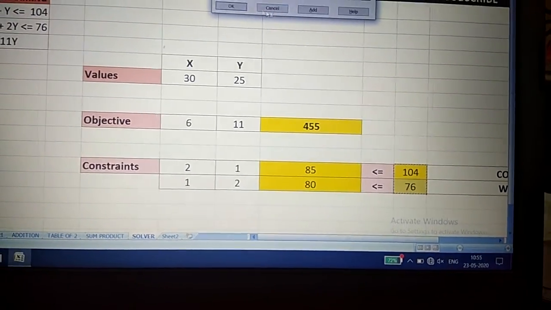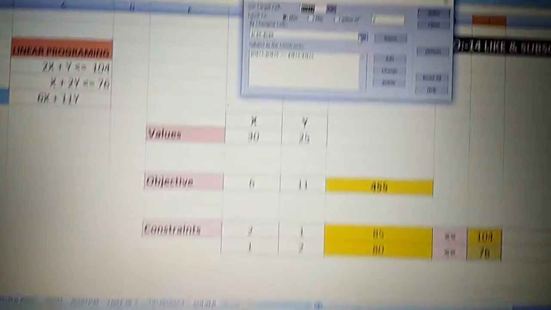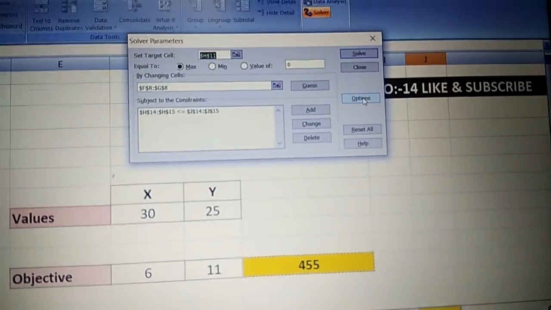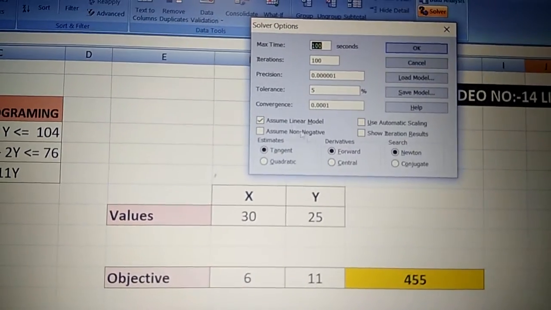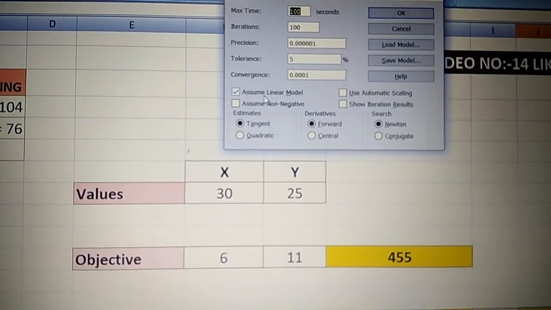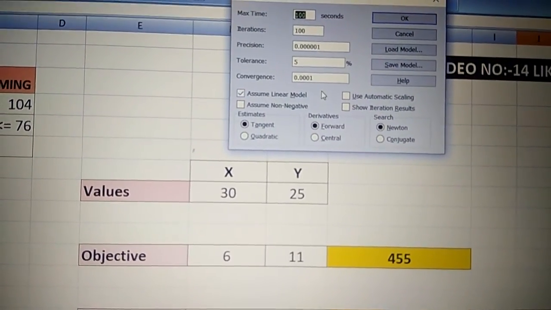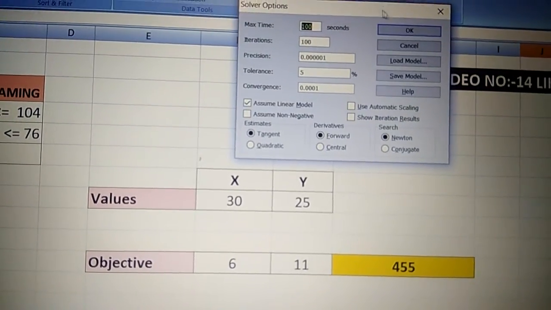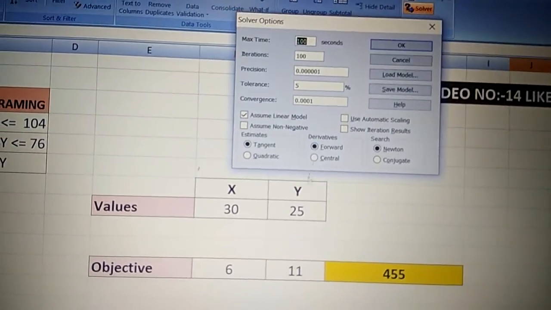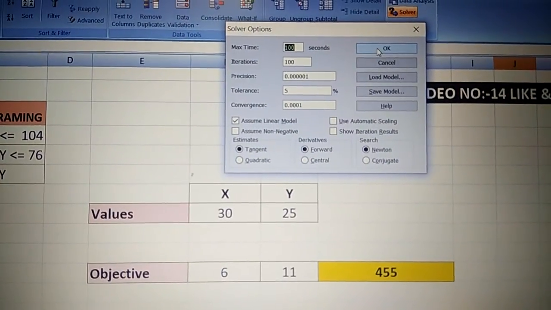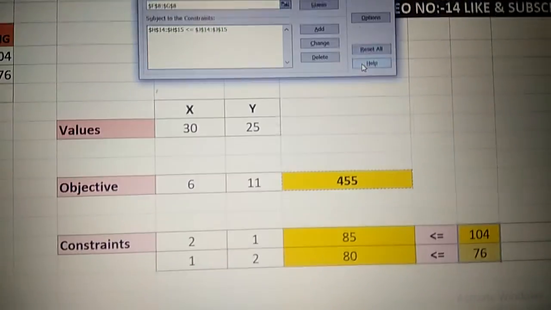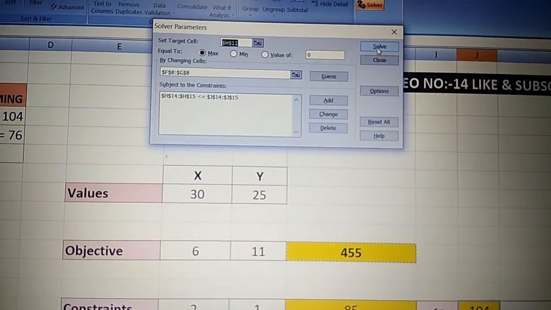Select them and OK. Then go to Options. It should be like this only: assume linear model, and these values will already be there. You don't need to make any changes, except make sure that it is a linear model. Now OK, and once again go to Solve.